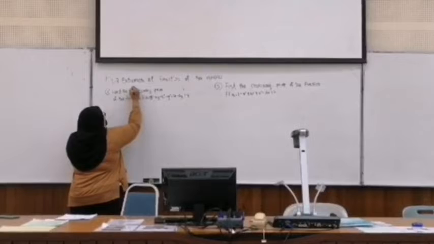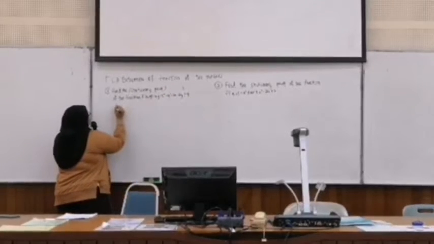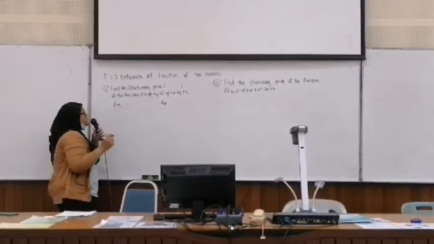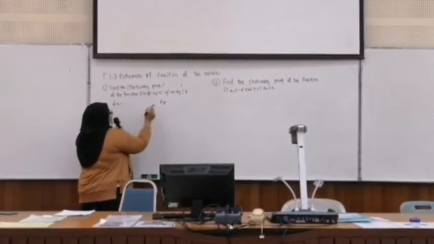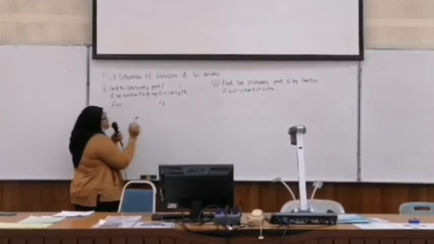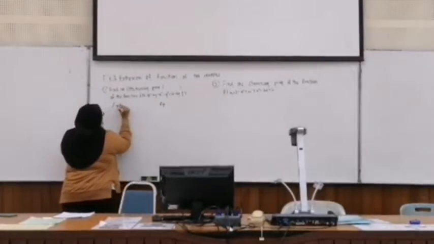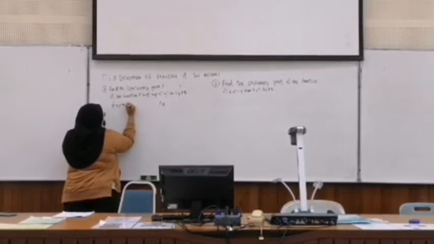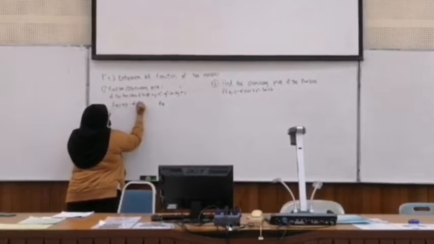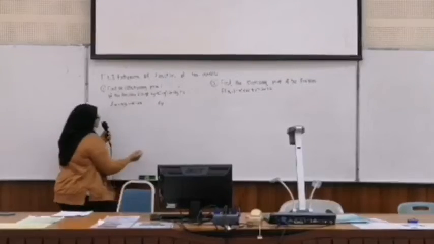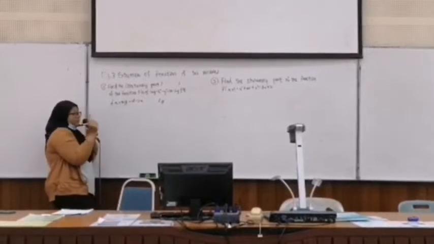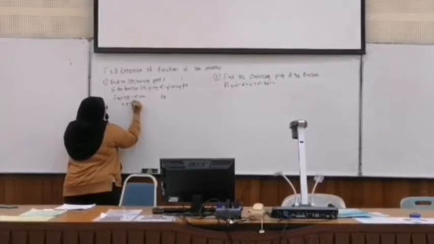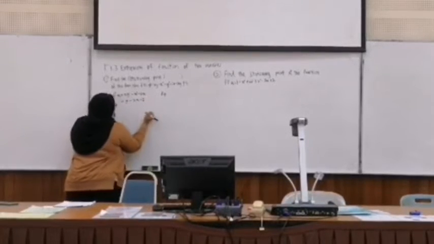So when they ask for the stationary point, we need to find fx and also fy. First, we list out all the terms with x in the equation. So as we can see, the x terms are xy minus x^2 minus 2x, and when we find fx, it will be y minus 2x minus 2.